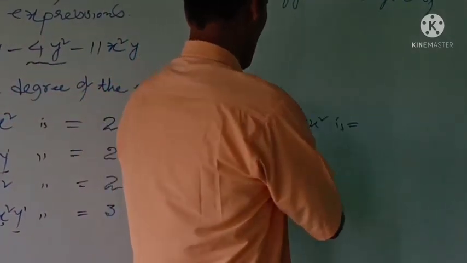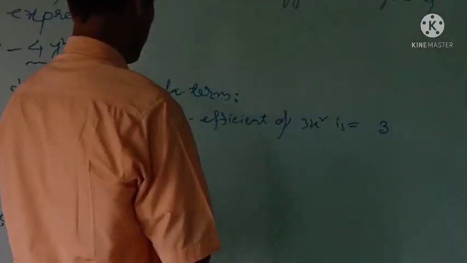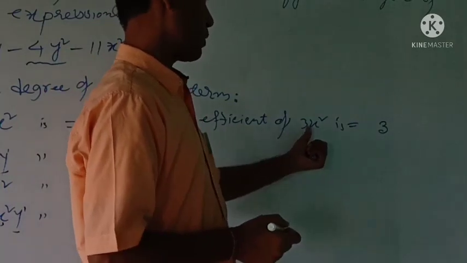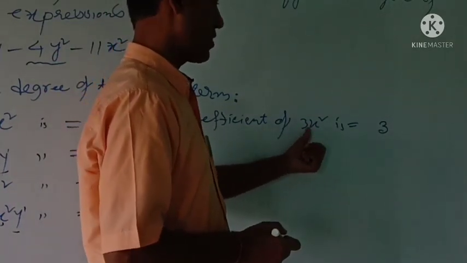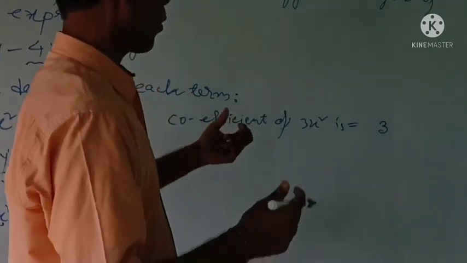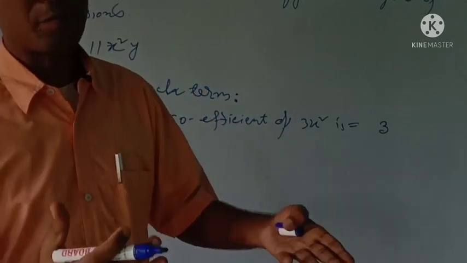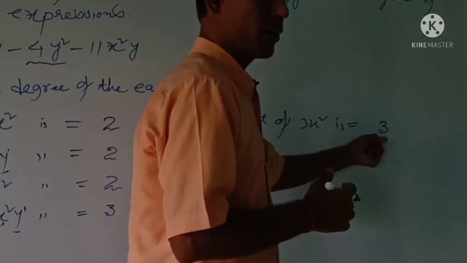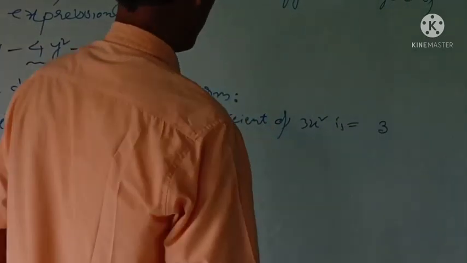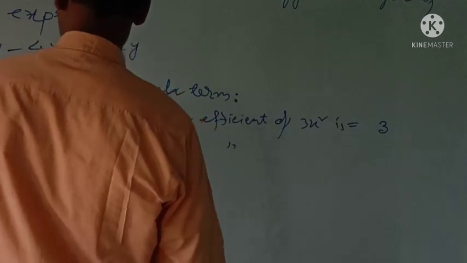So the coefficient of thrice x square is 3. Okay, but coefficient of 3 is x square, coefficient of x square is 3, but here question is coefficient of thrice x square. That means you have to write the coefficient of the complete term. So coefficient of a term is always the numeric coefficient. So we'll write 3.